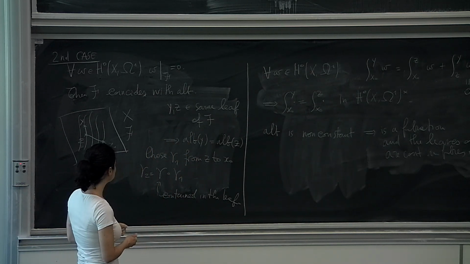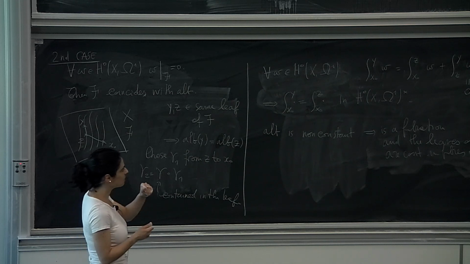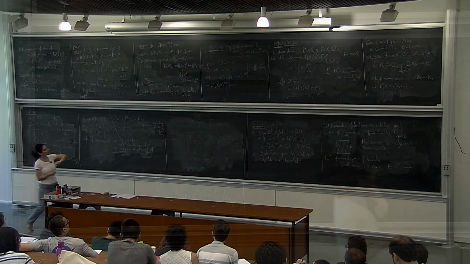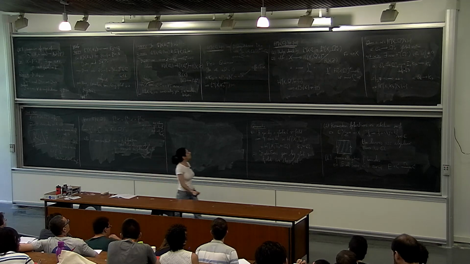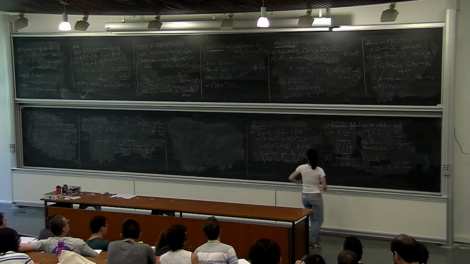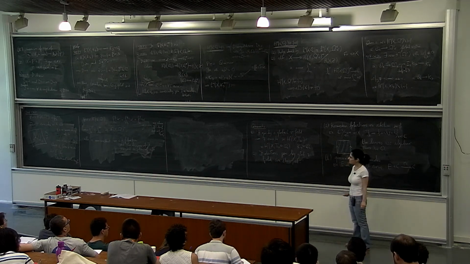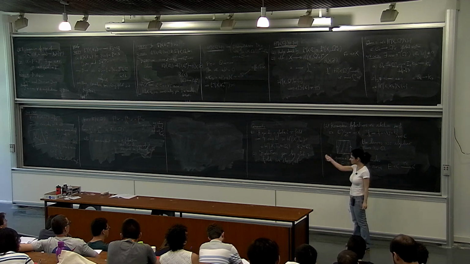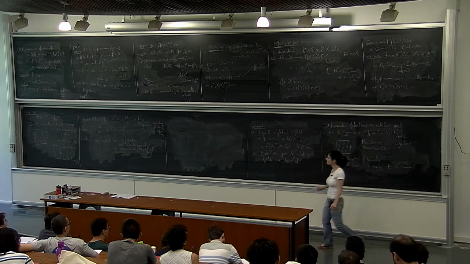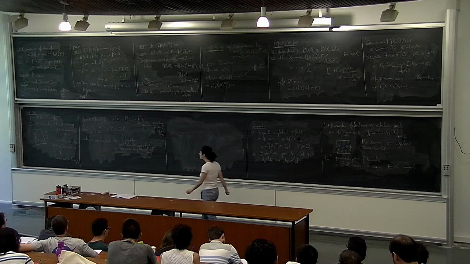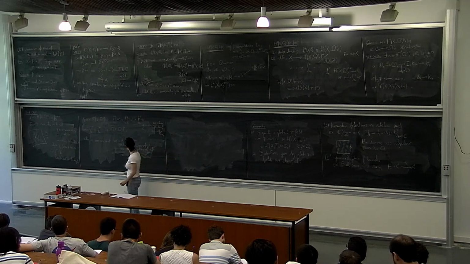And well, these fibers are not everything by this very important property I wrote there. And the map is not generically finite because we just found one-dimensional disks in the fibers.